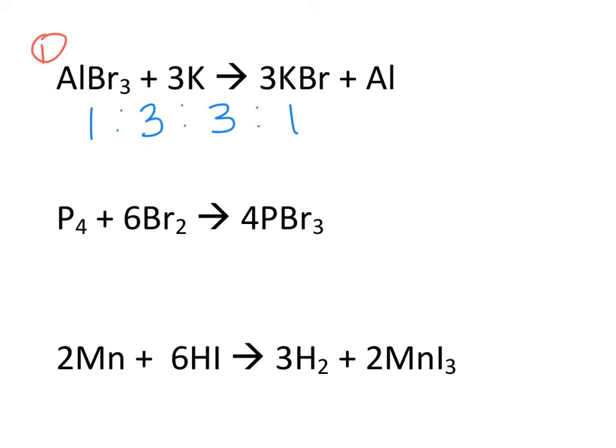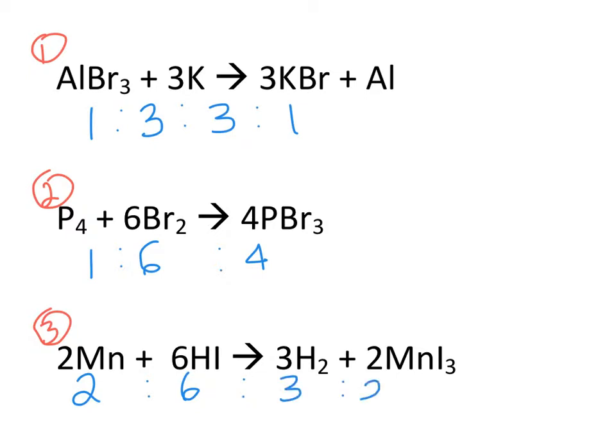In the second example, we have 1 mole of P4 to 6 moles of Br2 to 4 moles of PBr3. And in the third example, we have 2 moles of Mn to 6 moles of HI to 3 moles of H2 and 2 moles of MnI3.